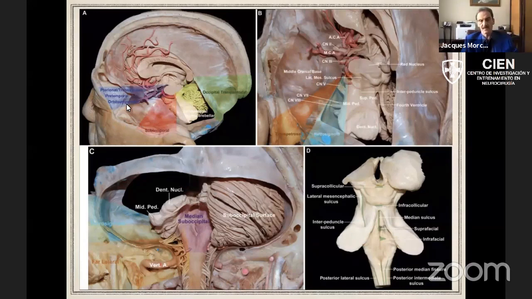I'm going to be describing them a little bit later, but this is a quick schematic of what those approaches are, whether you do terminal, cranioorbital, cranioorbital-zygomatic, whether subtemporal, whether you do retrosigmoid, or infratentorial supracerebellar, or interhemispheric occipital transtentorial, posterior transpetrosal approach, retrosigmoid again here, whether you do Kawase from the front, or midline suboccipital, or the very useful far lateral approach here. All of those, and even a few more, can get you there.